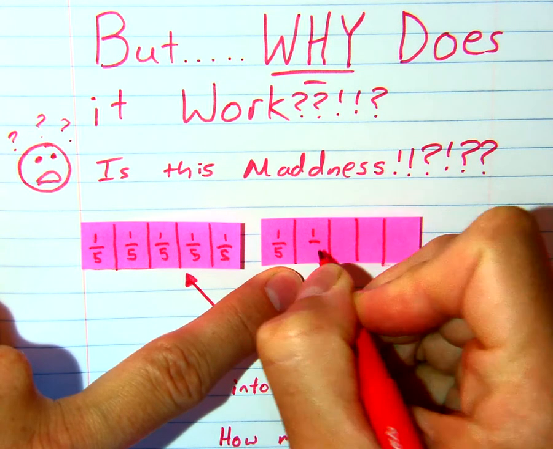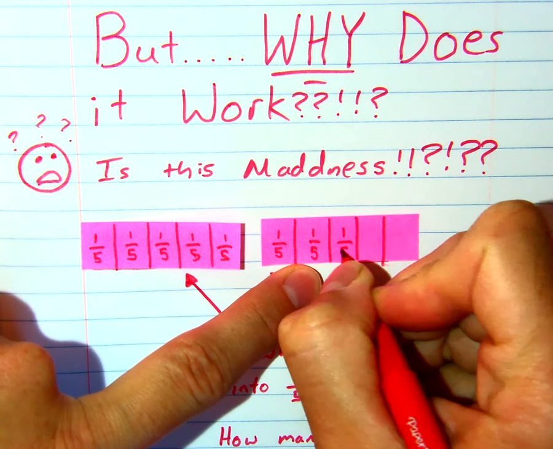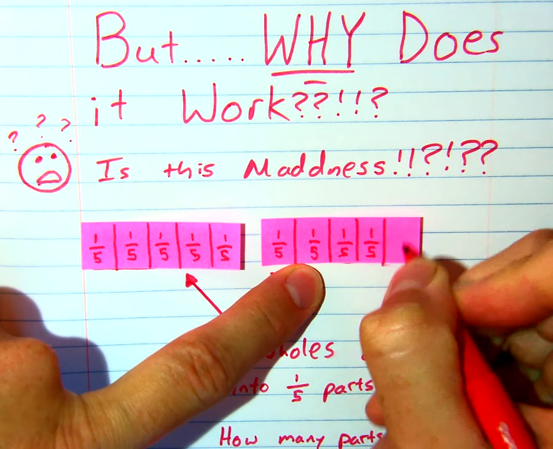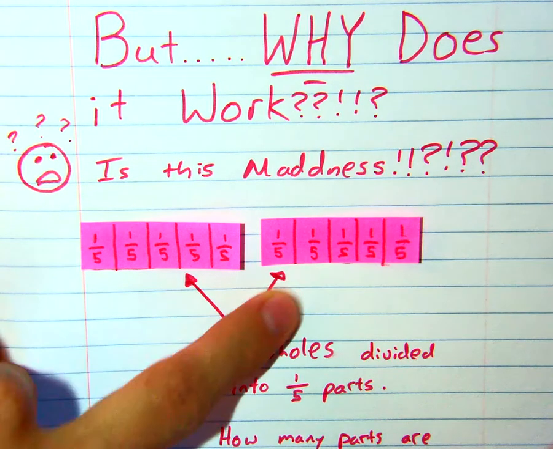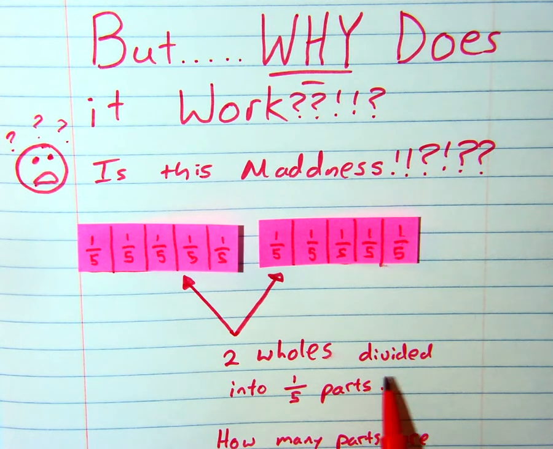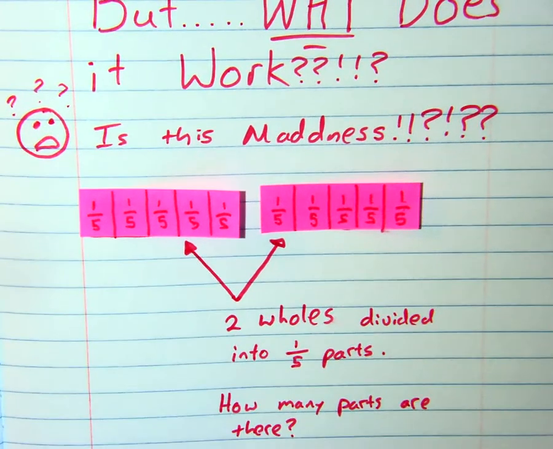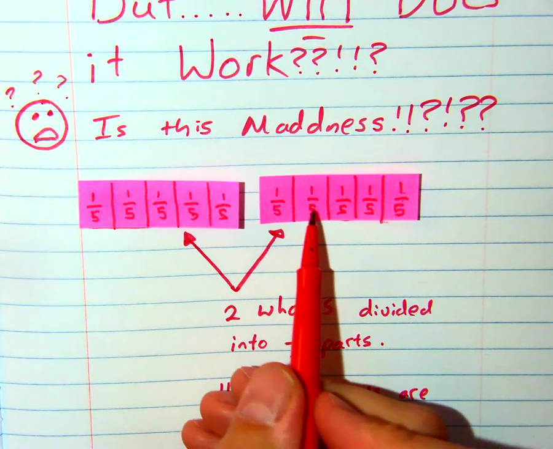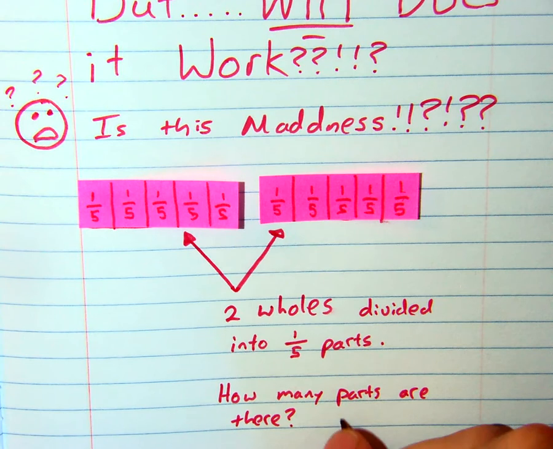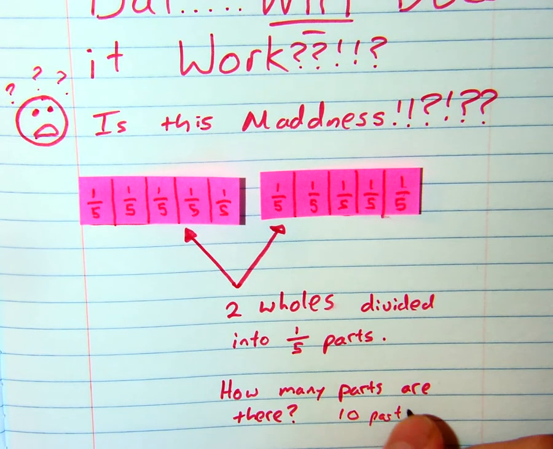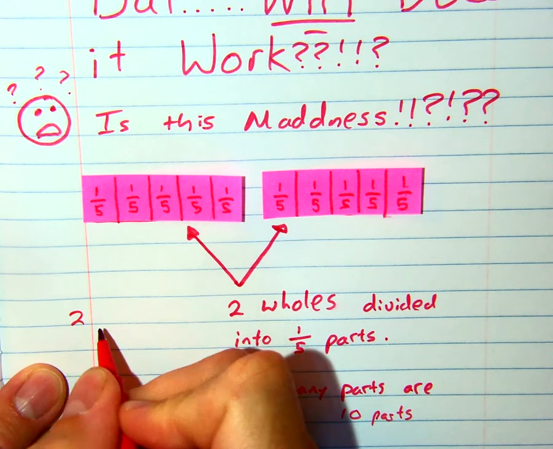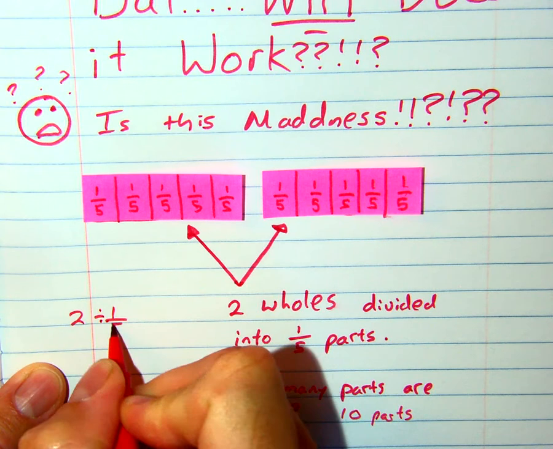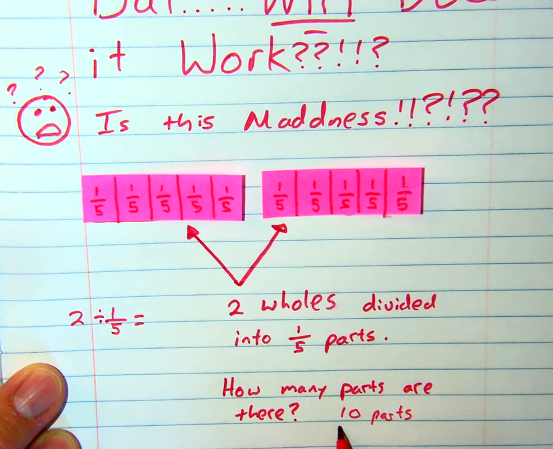And 1/5. So we have the two wholes. They are now divided into 1/5 parts. And the answer or quotient is really just saying, how many parts are there? So if I have 1, 2, 3, 4, 5, 6, 7, 8, 9, 10. I have 10 parts, right? The way this is written is 2 divided by 1/5 equals 10.